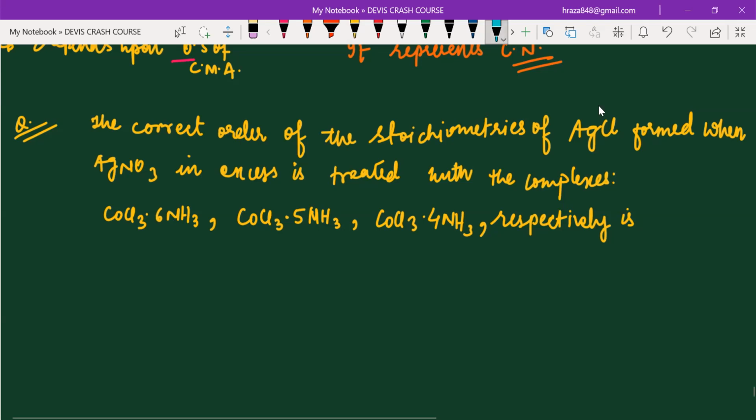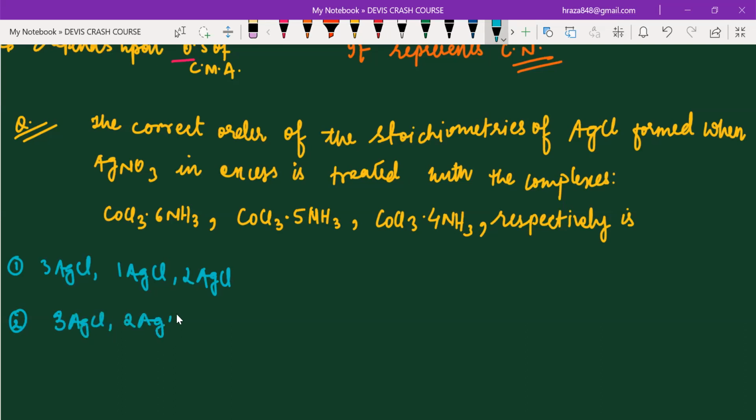So I'm going to give you options as well. Option A is 3 AgCl, 1 AgCl, 2 AgCl. Option B is 3 AgCl, 2 AgCl, 1 AgCl.